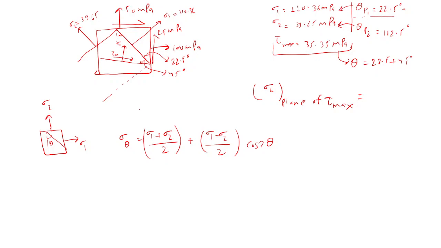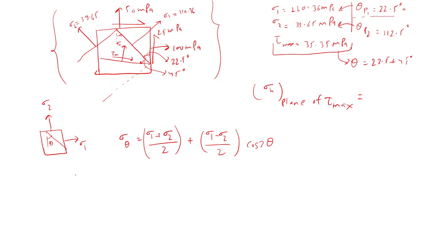So which plane have you been asked to find this for? Any angle theta. For this problem, what would be theta? For sigma 1 and sigma 2, what would be the value of theta for the maximum shear plane? 45 degree.